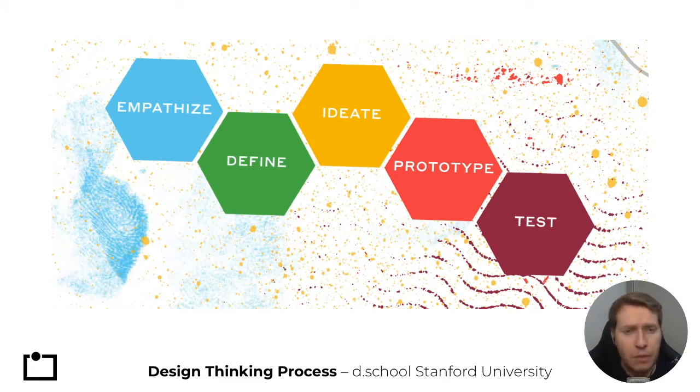So the design thinking process that we're going to see here helps to transform ideas into prototypes as fast as possible, in a way that we can identify a problem and build a solution for that problem, and make sure that that solution fits or solves that problem.